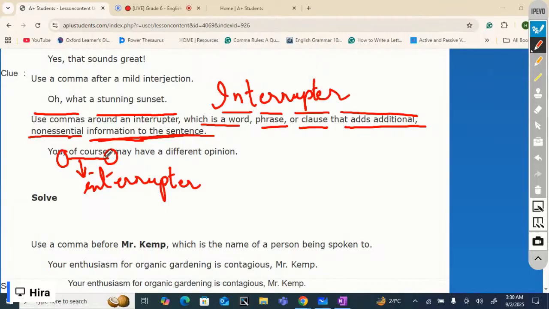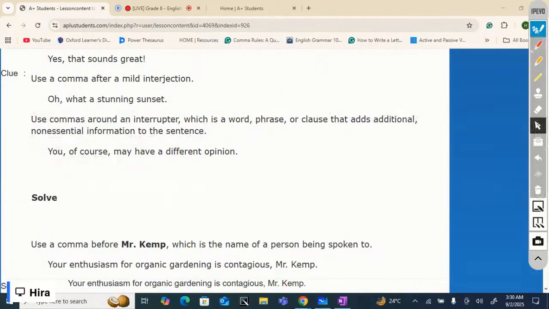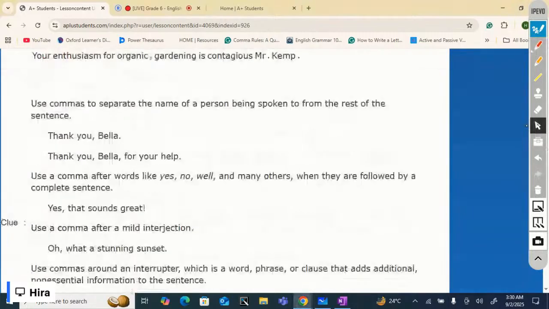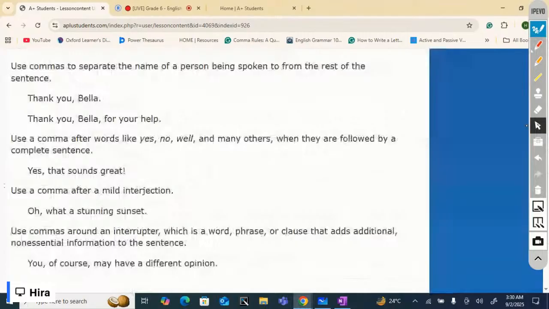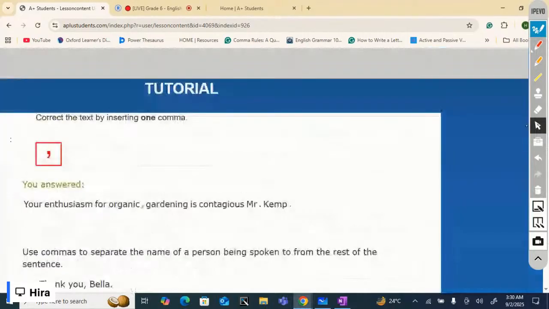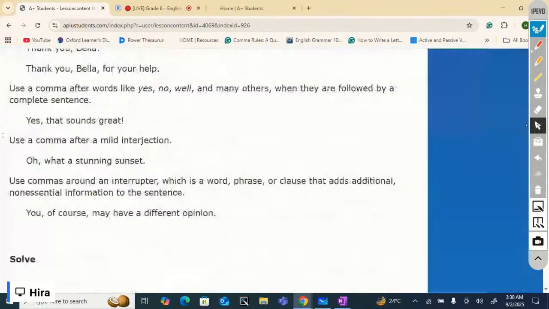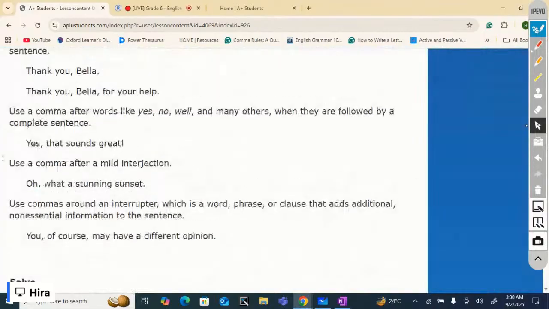So this is the use of commas, first with direct addresses, then with introductory words, then with mild interjections, and then interrupters.